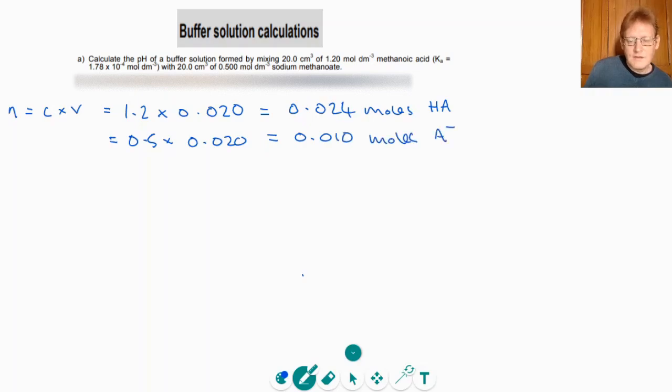of our A minus. And then to calculate the H plus concentration, we use the full Ka equation for H plus.